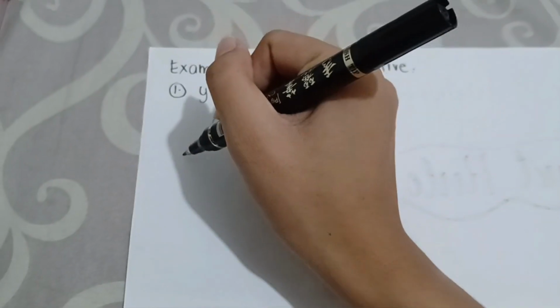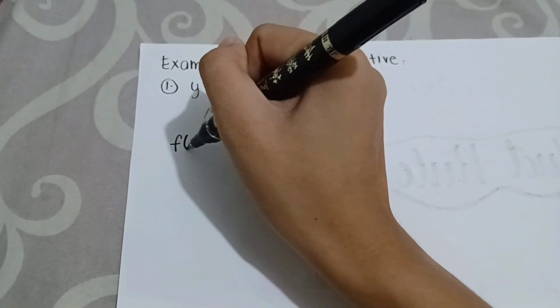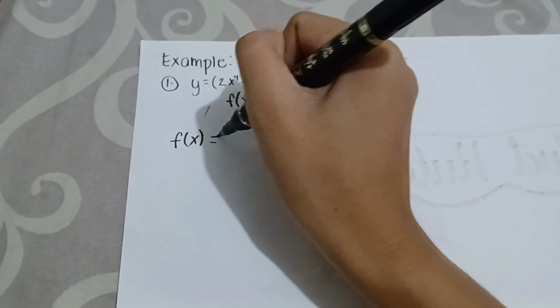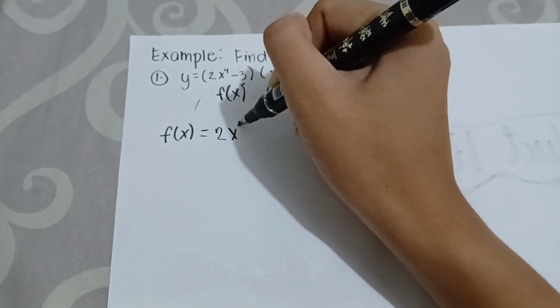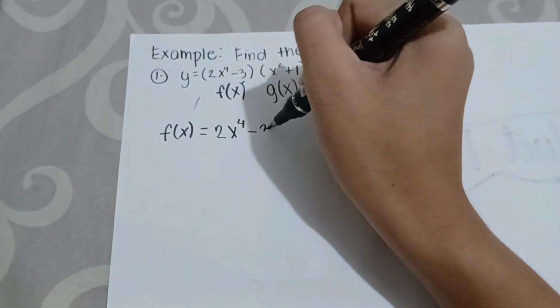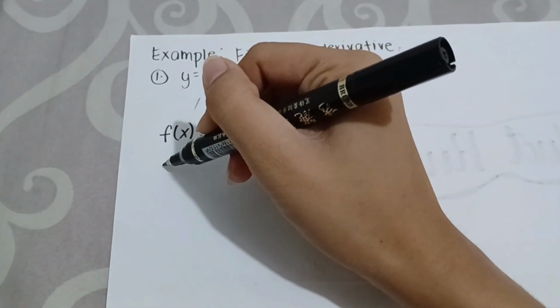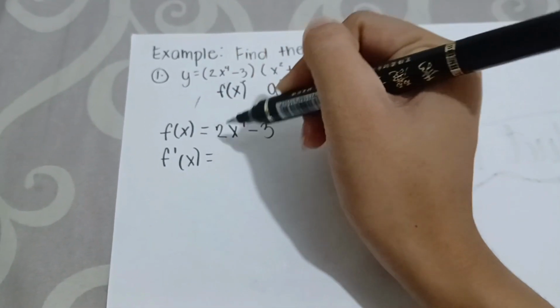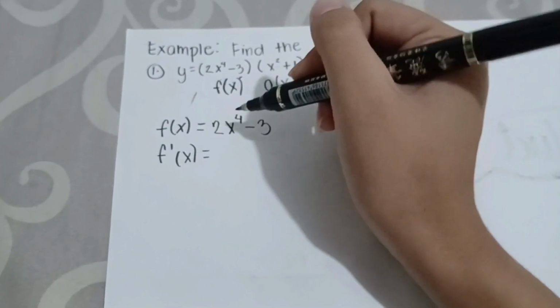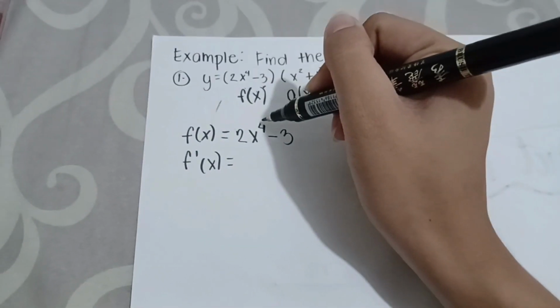Since we have the values of f of x and g of x, our f of x is equal to 2x to the power of 4 minus 3. So our f prime of x is equal to, but before that we will use the power rule.